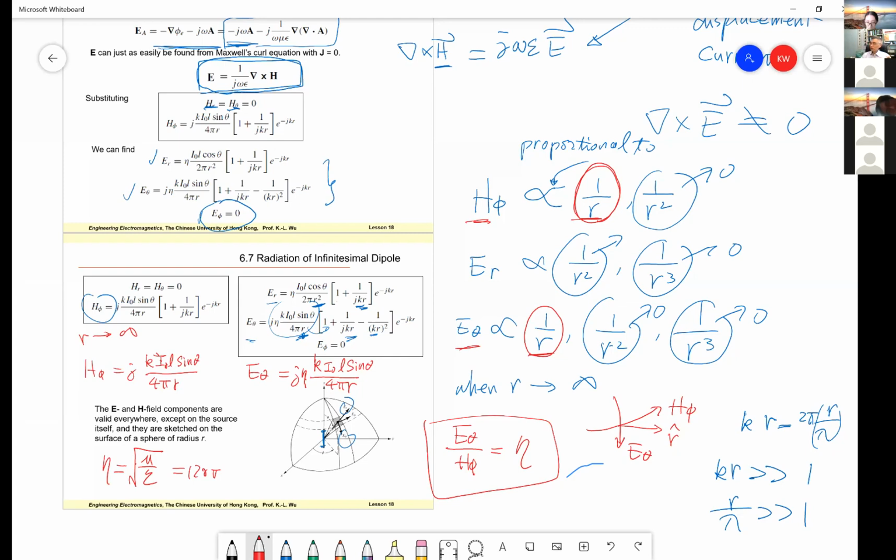Say the wave has traveled 2 kilometers, 2,000 meters, and then propagates another 1 meter over 10 meters.